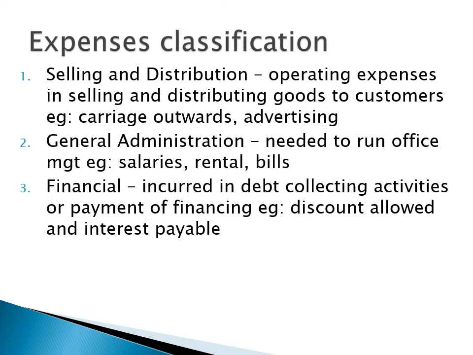First, selling and distribution is actually relating to selling and distributing goods to the customer. For example, the cash outwards for advertising. And the second one is general administration. We can put administration only, that's acceptable. Any expenses to run the office or the management.